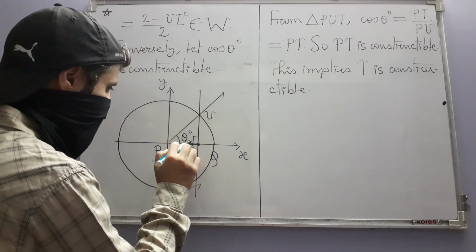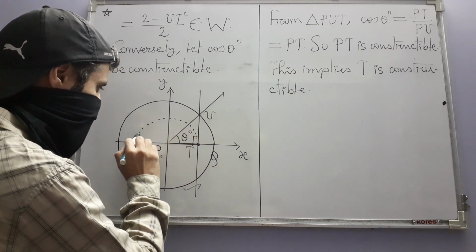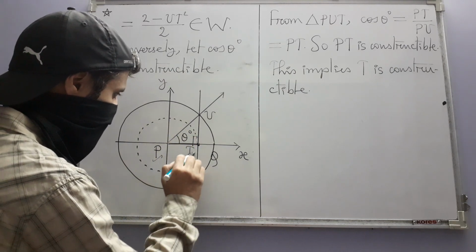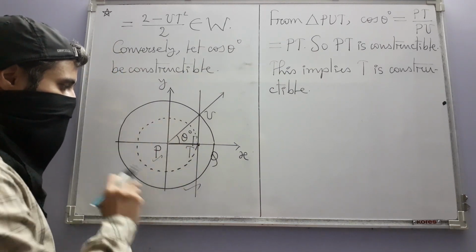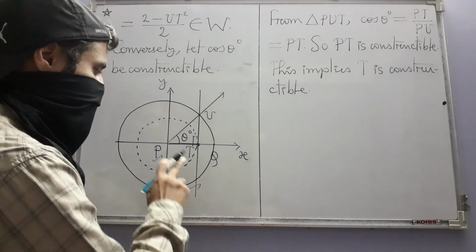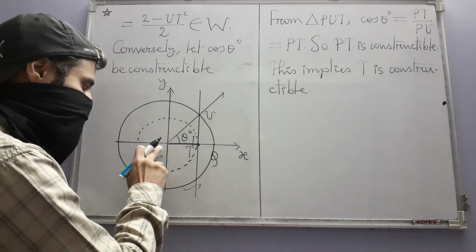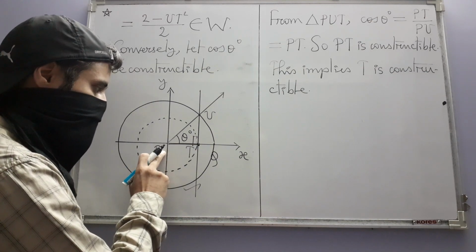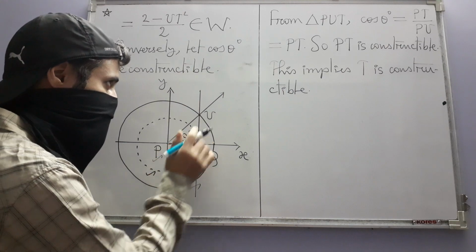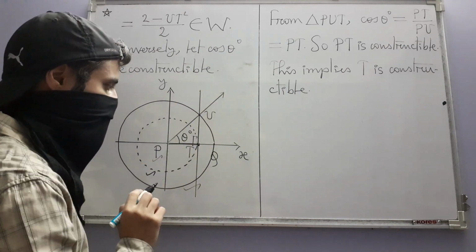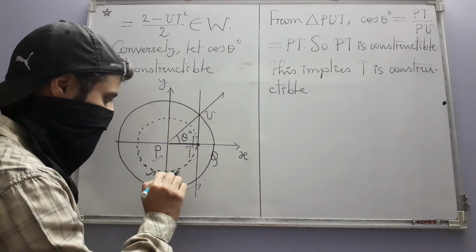Now if you draw a circle with center at P and radius equal to PT, this dotted circle, then that circle will be constructible. Why? Because the center of the circle is P, that's a constructible point, and the radius of the circle PT is a constructible real number. So by definition this circle is constructible.